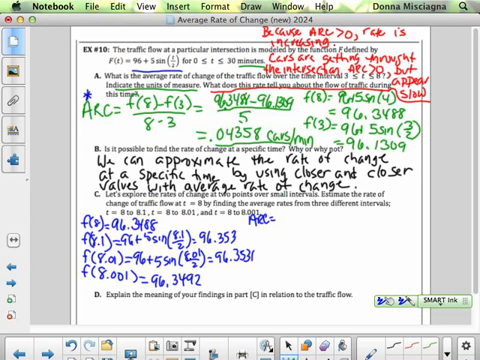This is number 1, from this time span here. So that would be 96.353 minus 96.348, divided by 8.1 minus 8.